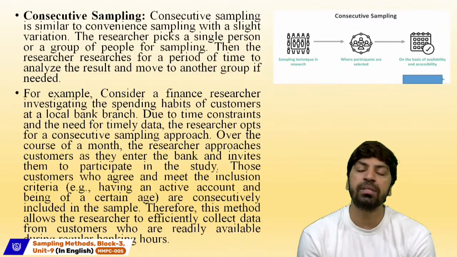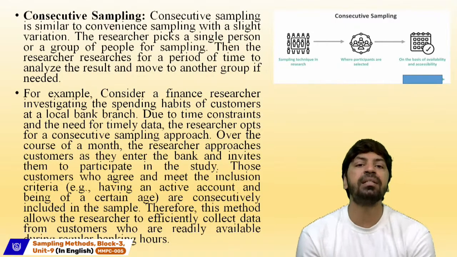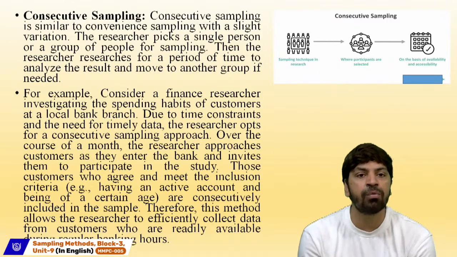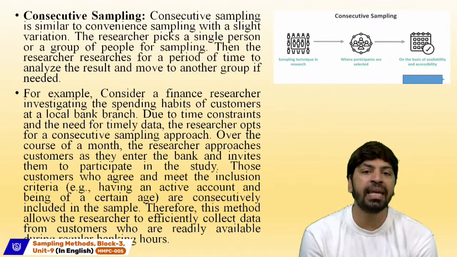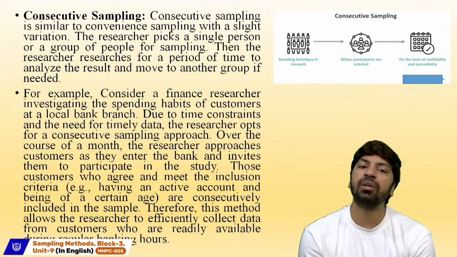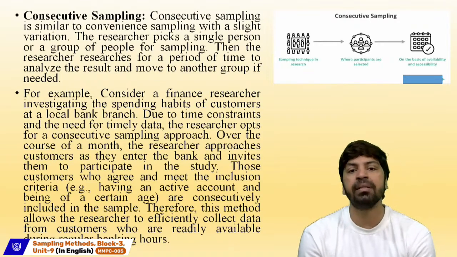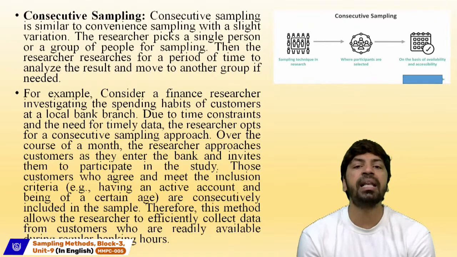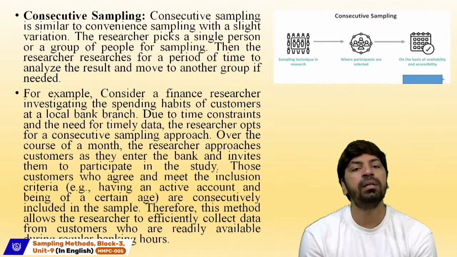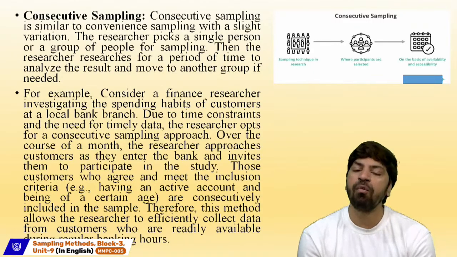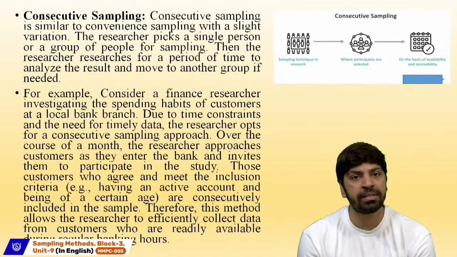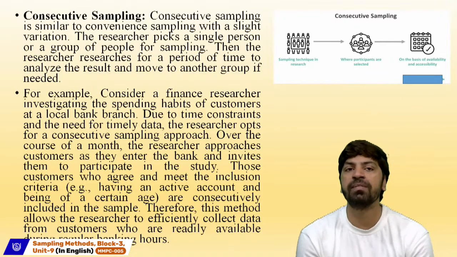Those customers who agree and meet the inclusion criteria, such as having an active account or being of a certain age, are consecutively included in the sample. This method allows the researcher to efficiently collect data from customers who are readily available during regular banking hours, and that's called consecutive sampling.